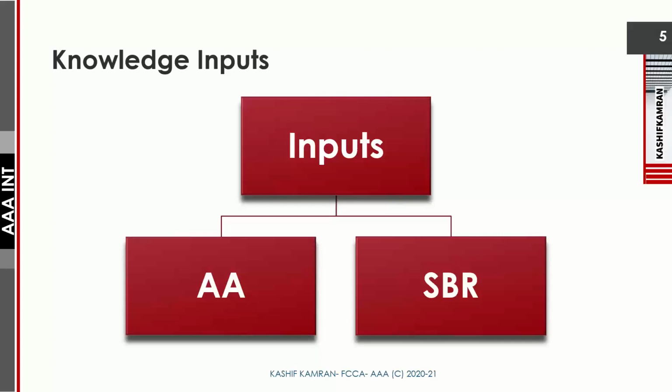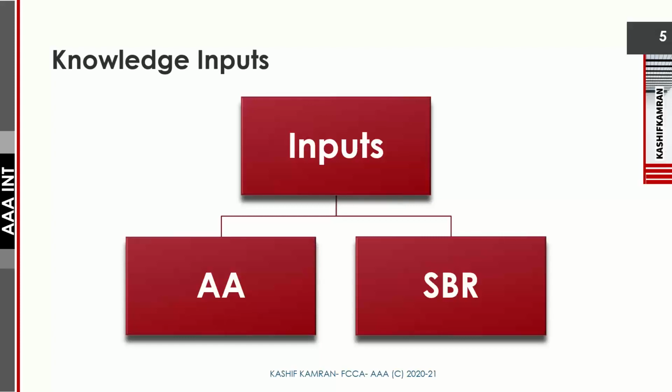You should be good in your AA paper, and obviously you have given your AA paper prior to the AAA paper. And it is highly recommendable that you have given your SBR paper prior to the AAA paper, or you are giving the SBR paper alongside the AAA paper, because that can really be a complement.